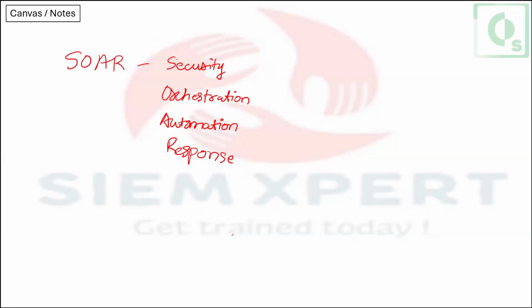One of the biggest reasons why everyone is looking for SOAR is to reduce MTTR. MTTR stands for mean time to resolve. This MTTR is really important when it comes to any high or critical severity incidents.